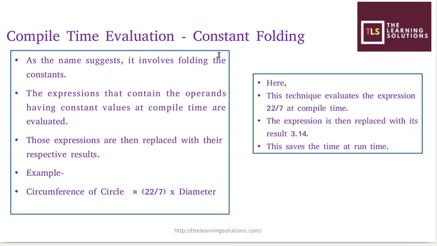Well before time we have some result in hand, and these computed values are replaced at their respective positions. This is the concept in constant folding. So 22 by 7 is evaluated into 3.14 at compile time only, and that saves the running time or runtime process.